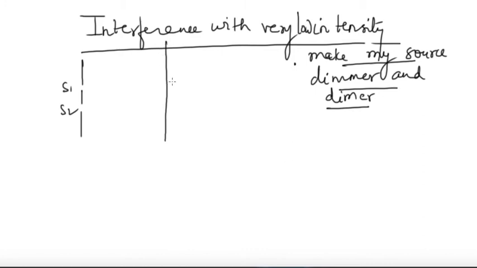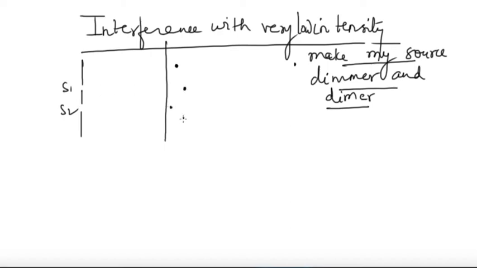So what do I observe? What do I expect first? If I make my source very dim, again I should get a wave interference pattern, because light is a wave, and I should get an interference pattern of very low intensity. But if I do this, what I get on the screen is a spot.